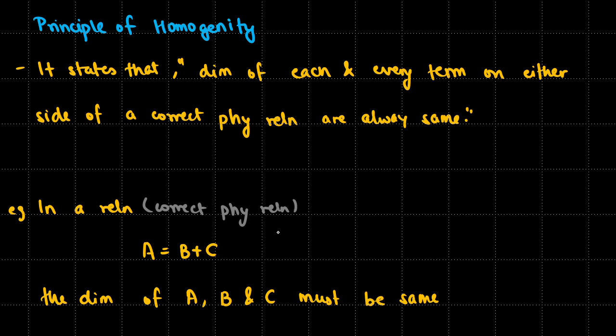So think about it. B and C, if you're adding them, they must have the same unit, which means the dimension must be same. Since they have the same unit, they must have the same dimension. When I'm saying unit, I mean the unit must be a unit of a physical quantity. I'm not stating that a kilogram or a gram are the same thing. I'm just stating that kilogram and grams are units of mass.